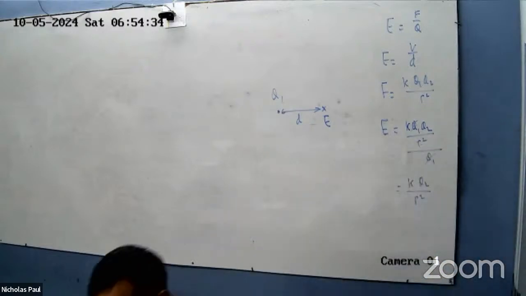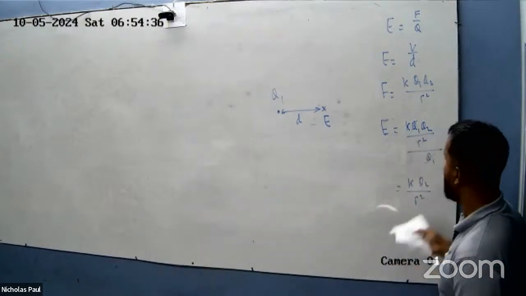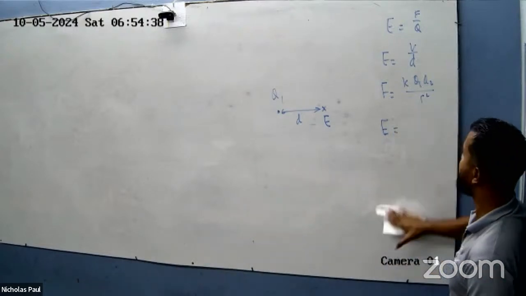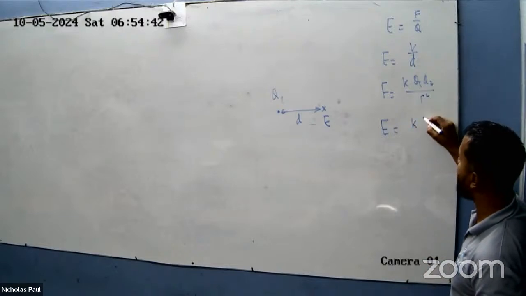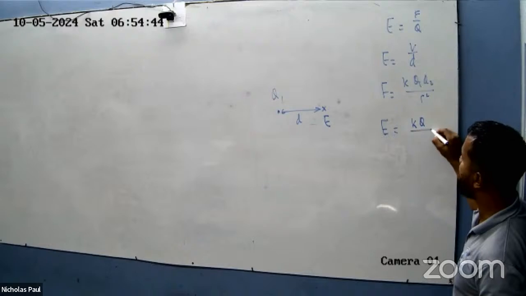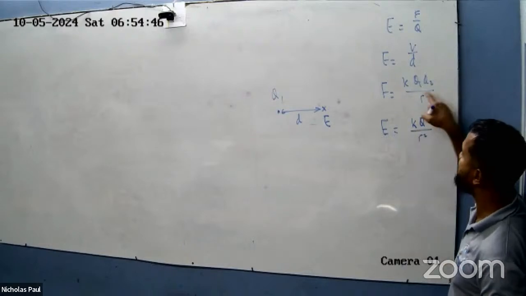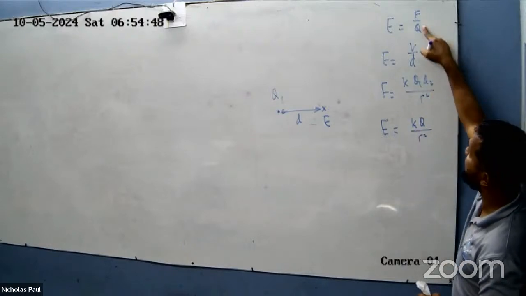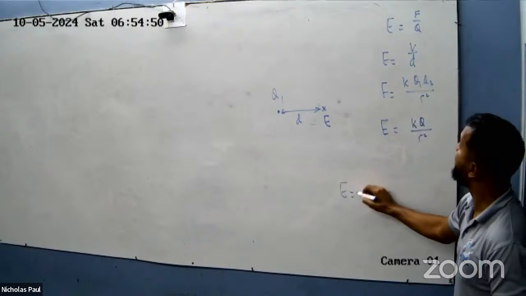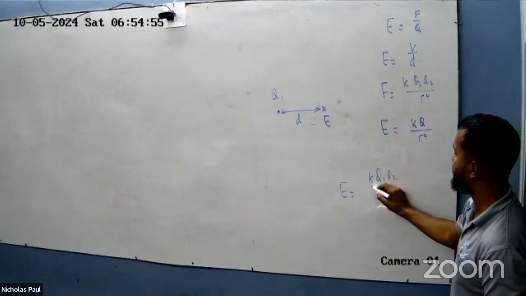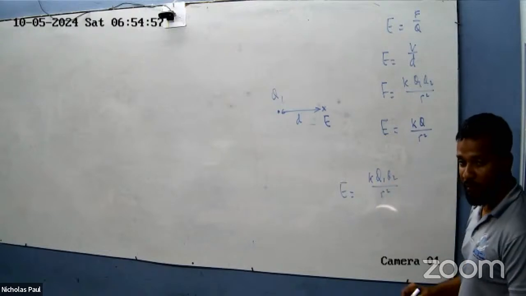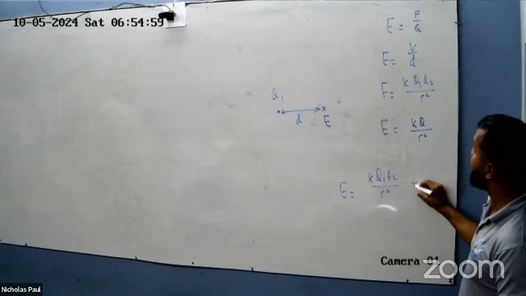So basically, in short, in order for us to find it, it will be K Q over R squared. All I did was put this in here. If I have K Q1 Q2 on R squared, that's F, and I divide it by Q.